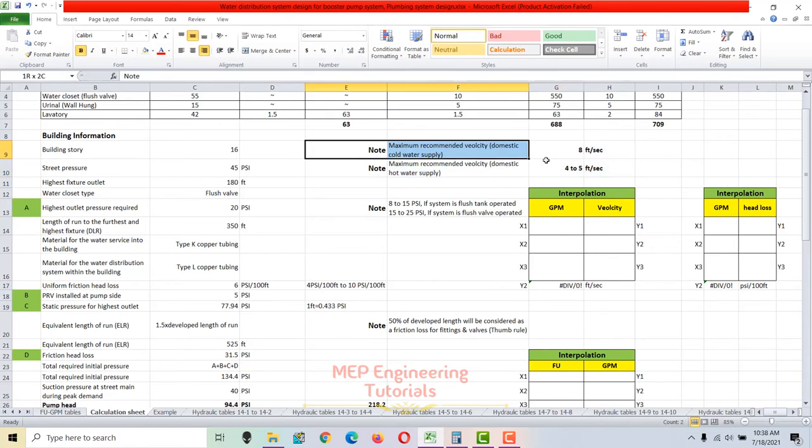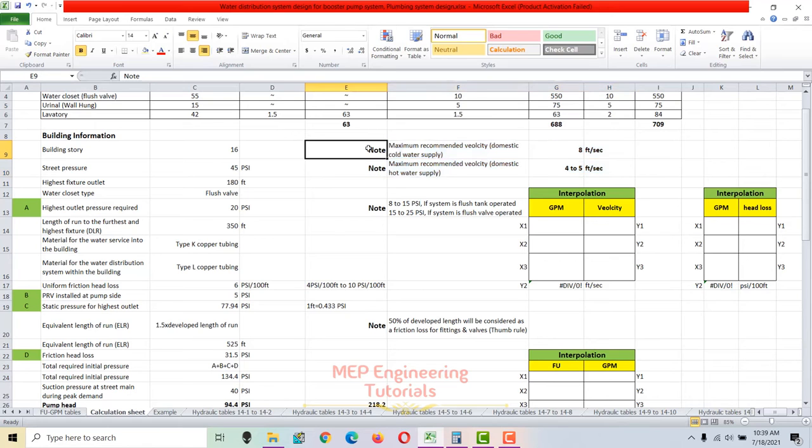If you see the note over here, the maximum recommended velocity for domestic cold water supply pipe sizing is 8 feet per second. And for the hot water supply, the maximum recommended velocity is 4 to 5 feet per second. So we are going to use the 5 feet per second limitation in the case of hot water supply pipe sizing, and 8 feet per second in the case of cold water supply pipe sizing.